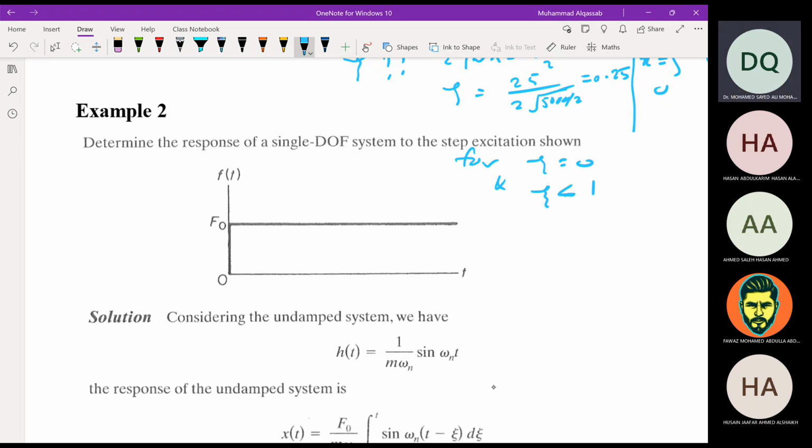The oscillation will be about a new equilibrium position when you apply F naught. It will take a new position now because of applying F naught. This is before applying, but once you apply F naught, this will be oscillating about the new equilibrium line.